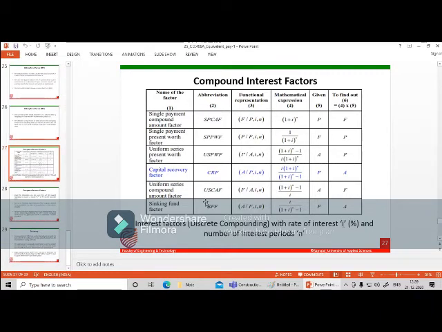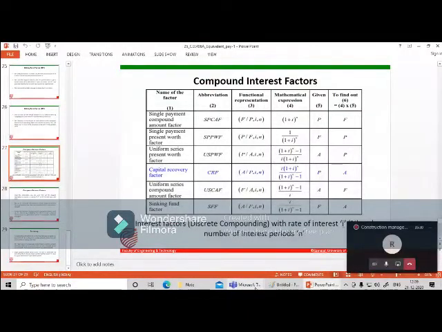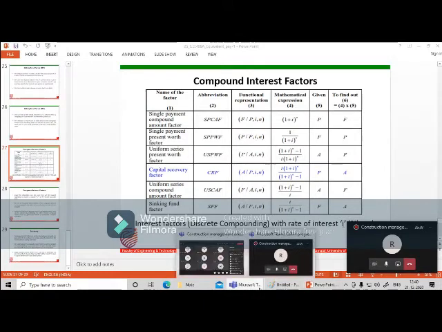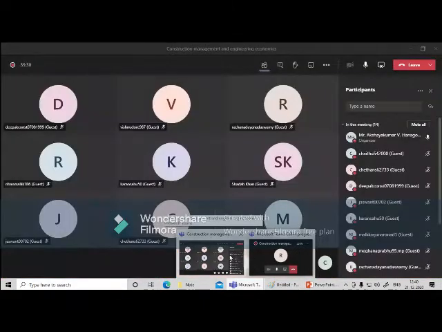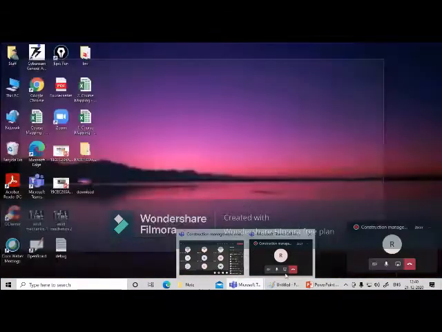Okay, done. Shall I start? Mallikarjun, have you noted all the formulas?